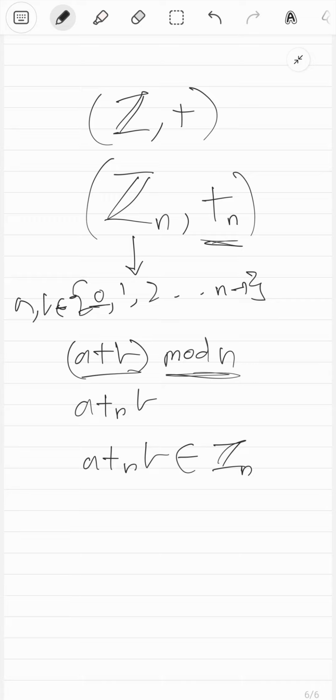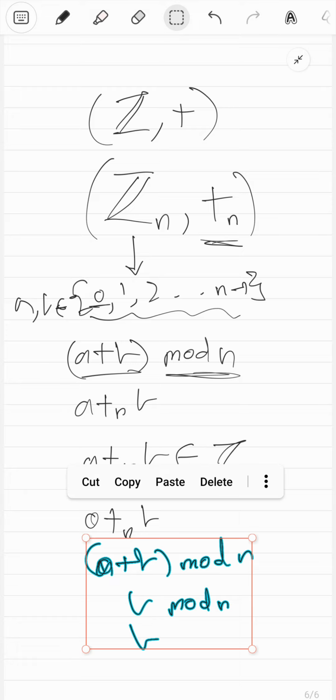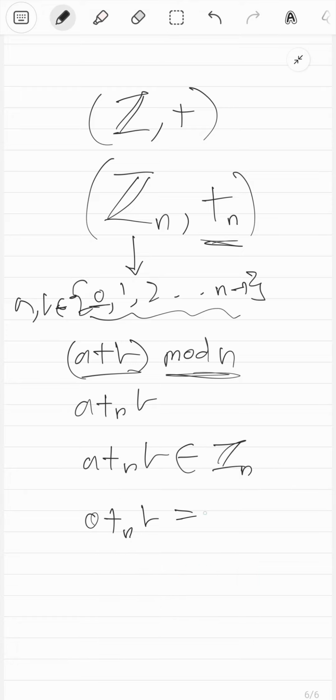Yes, 0 is still an identity, because 0 plus_n b is just 0 plus b mod n, which is b mod n, and that's just b because b is already in the list of possible remainders upon division by n. So 0 plus_n b is just b, right?